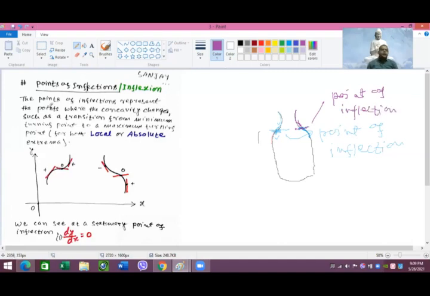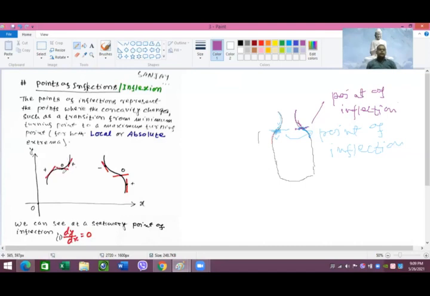Okay, so here you can see the definition of the point of inflection. The points of inflection represent the points where the concavity changes, such as a transition from a minimum turning point to a maximum turning point, for both local or absolute extrema.